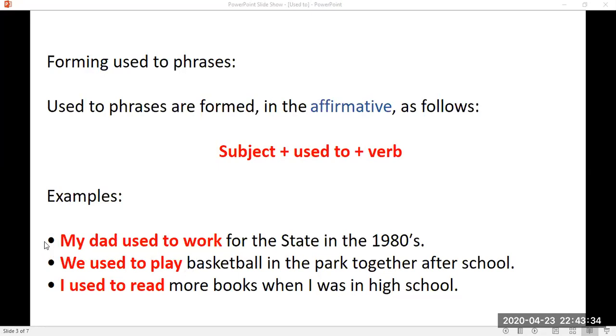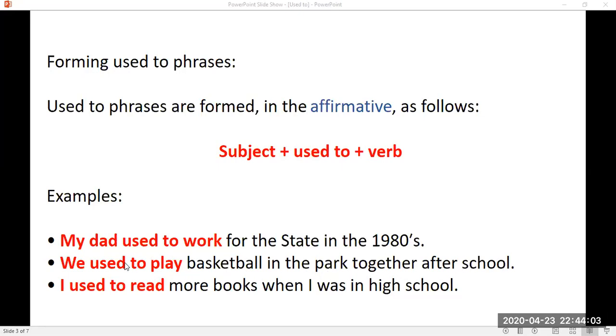So if we go back to the first statement, this speaker says that his father used to work for the state, which is the government, during the 80s. But now he doesn't work for the government anymore. Maybe he's retired.